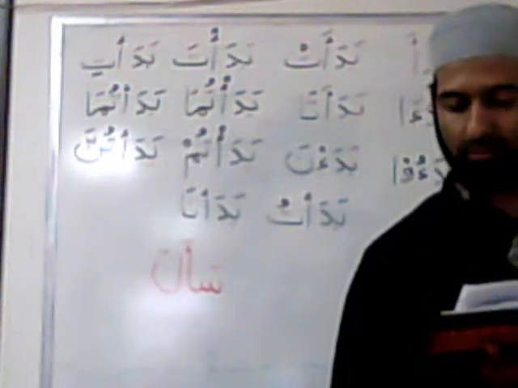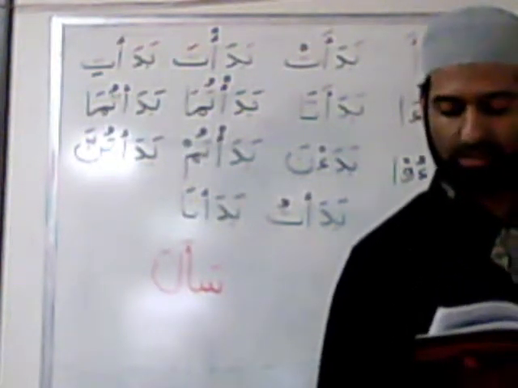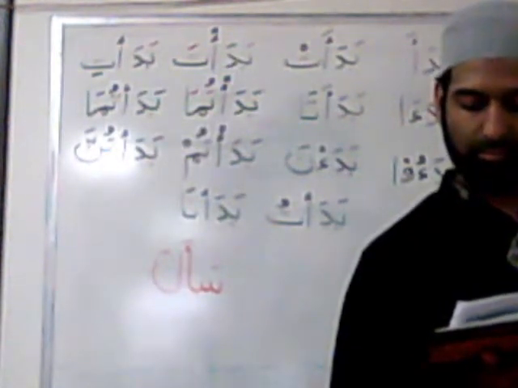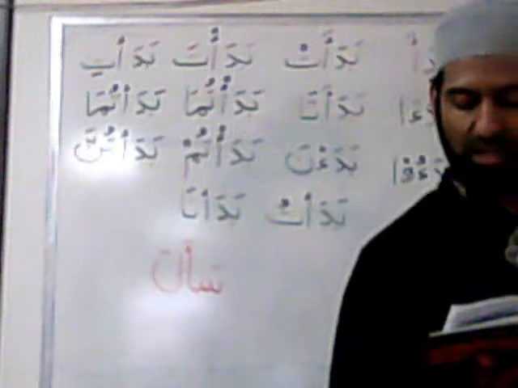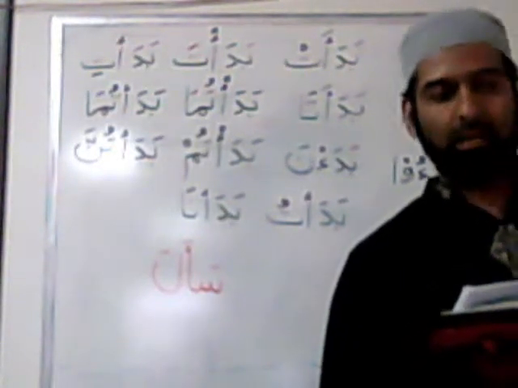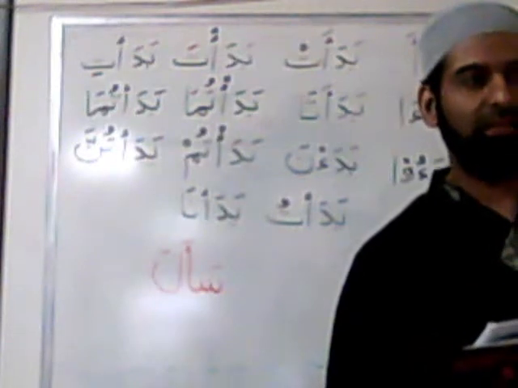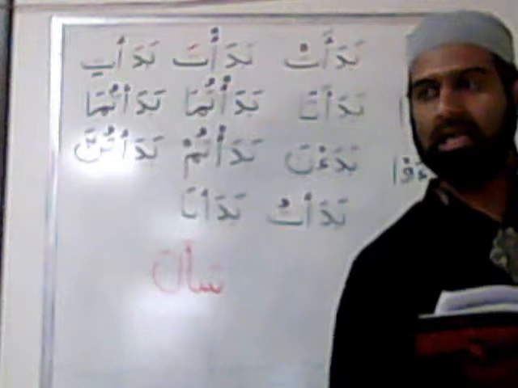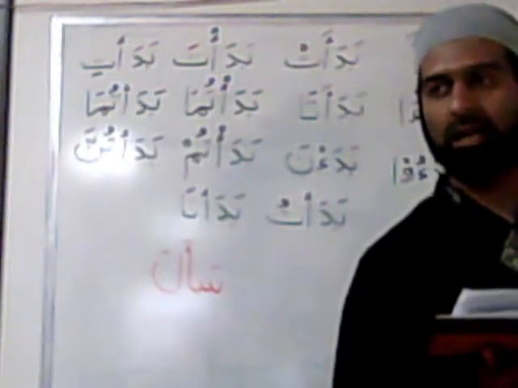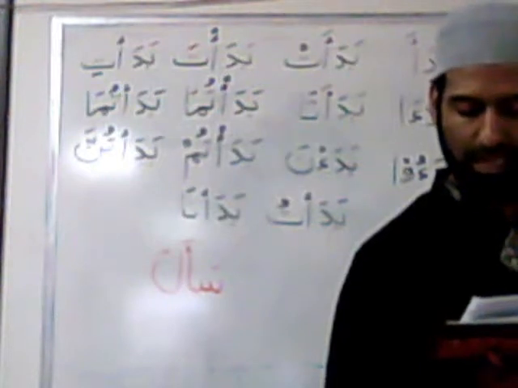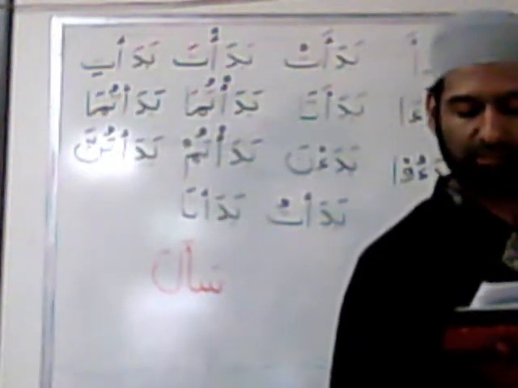Yeah, so what will be the full, complete sentence? هذه البقرة للفلاح. Yeah. هذه البقرة للفلاح. Okay, فلاح is the farmer. هذه البقرة للفلاح.